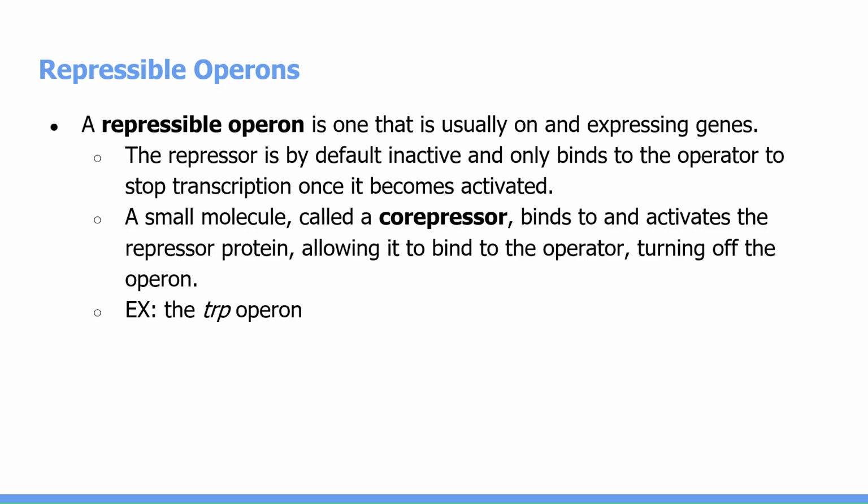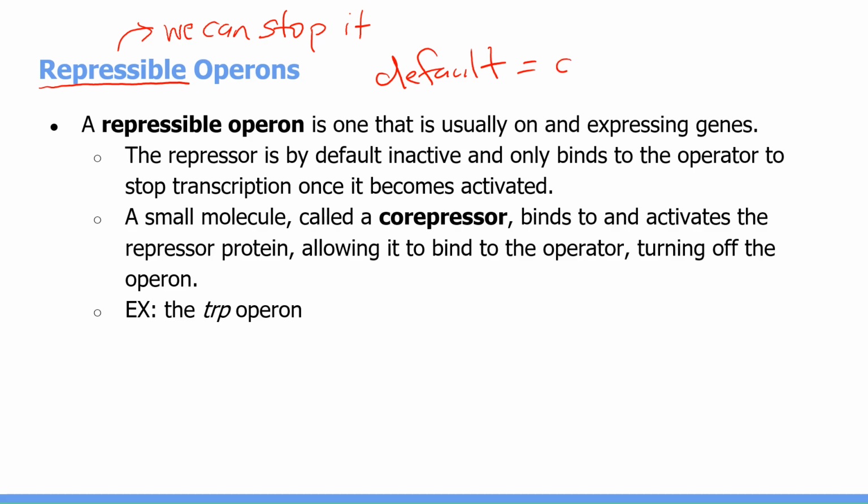A repressible operon is one that is usually on and expressing genes. So let's rewind and use English to remember this better. Repressible means that we can stop it. So the default for this operon is on.